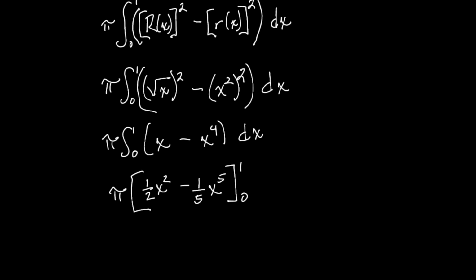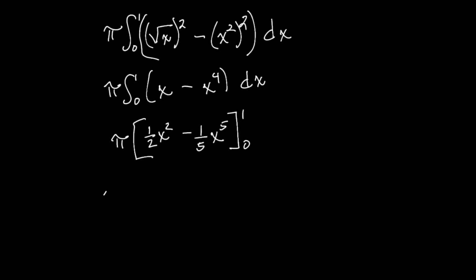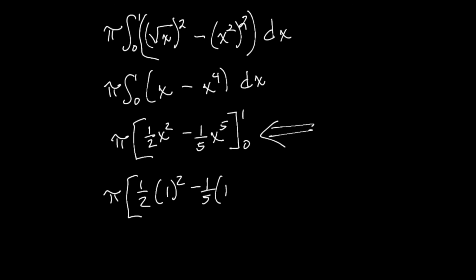So when I substitute a 1 in place of this, usually at this point I would say just type this into your calculator. Or maybe you would write it out this way: 1 squared minus 1/5 times 1 to the fifth, minus 0, right? So I'd have minus 0 minus 0.